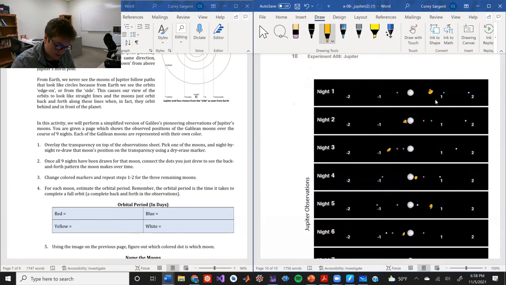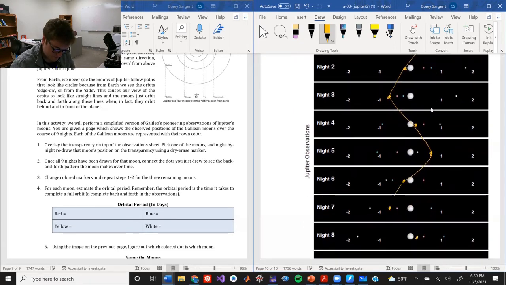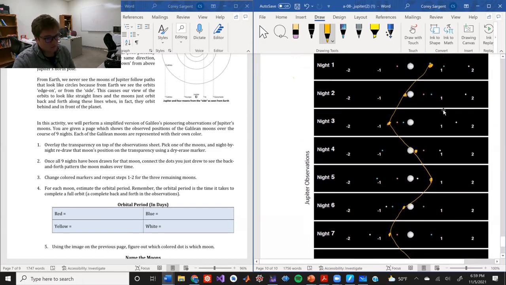So we're going to connect the dots from here to here, all the way. We can clearly see the side-to-side motion, right? It looks to move to the left, and then it stops and goes back, and it comes back to its original position.